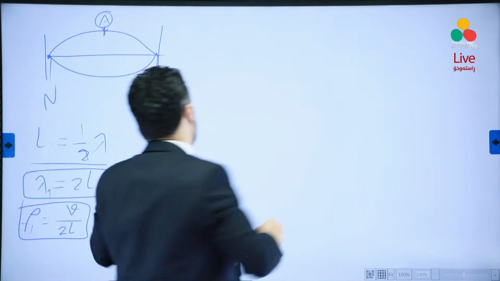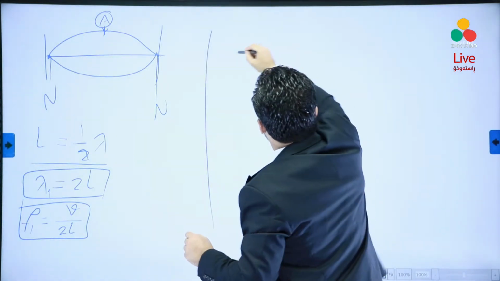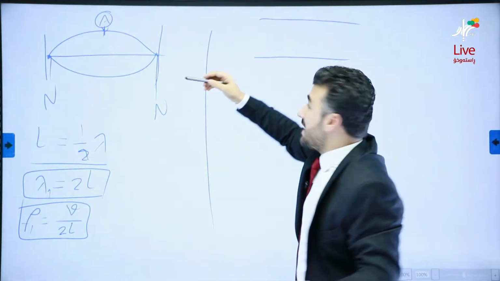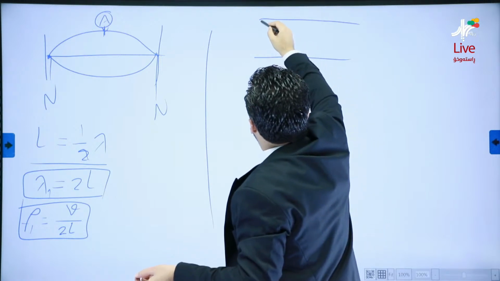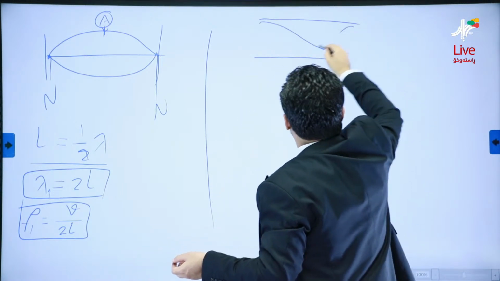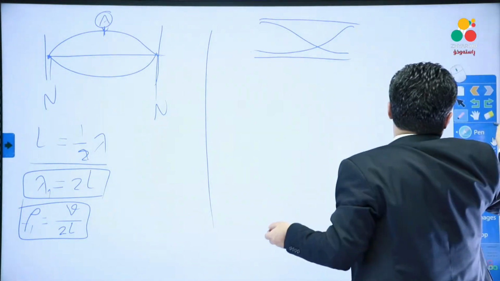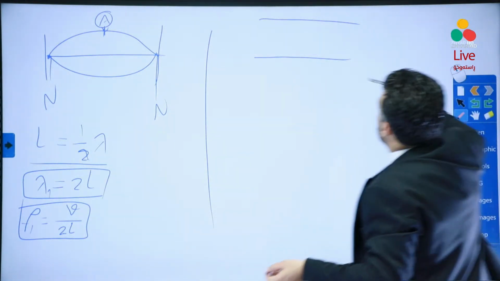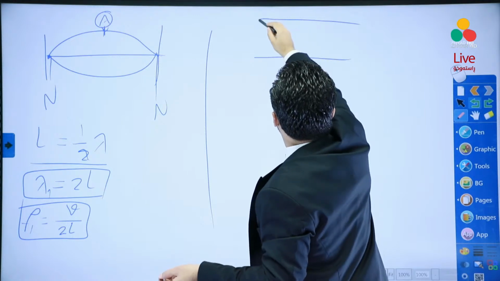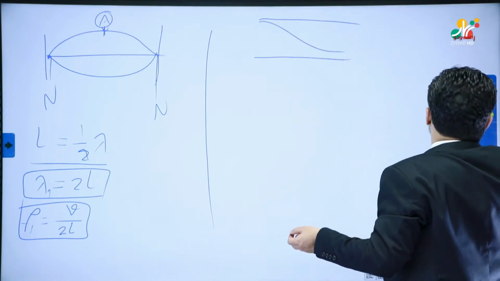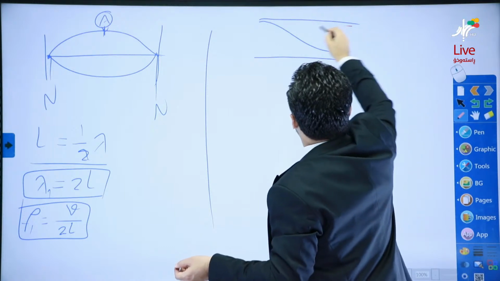But what about a pipe that is open at both ends? When do we have a standing wave? Remember, here a wave goes down and this wave is reflected. This is not a good drawing, so let me redraw this in a different color. You can see the difference here.